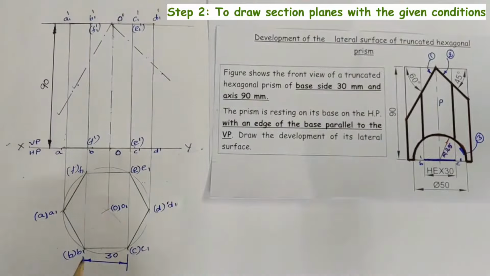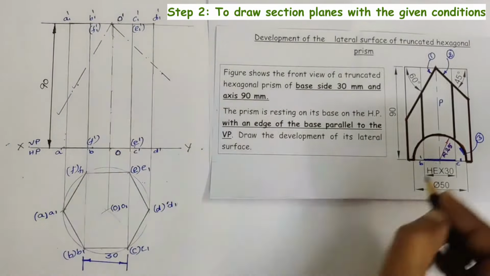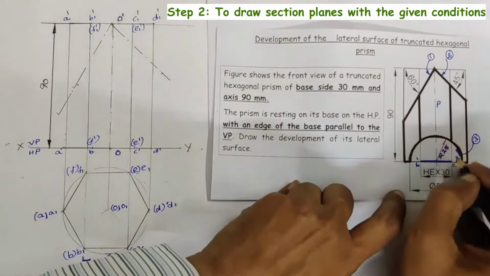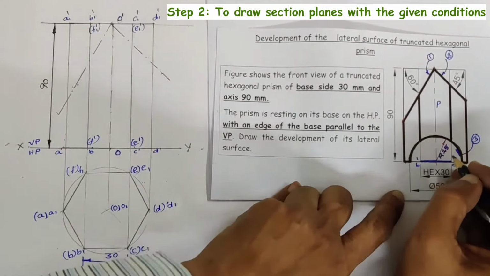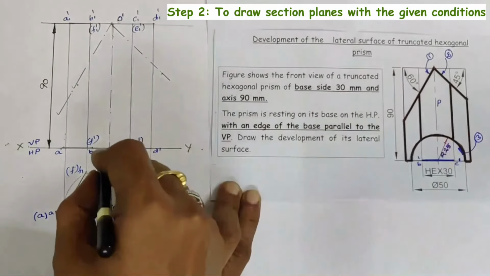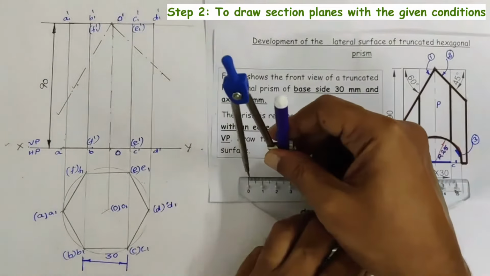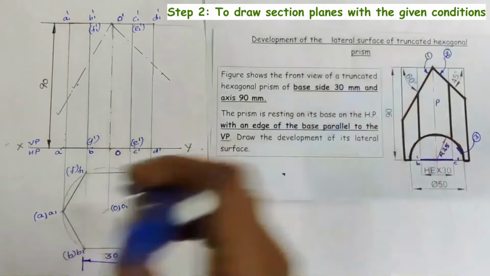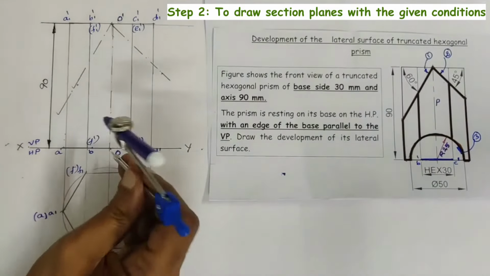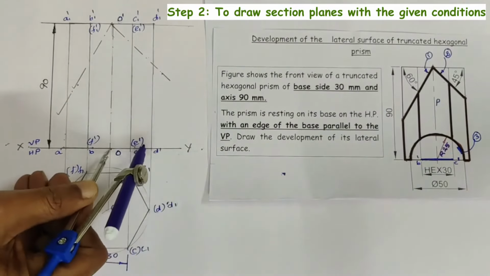Then the third section plane needs to be drawn. The radius of the third section plane is 25 mm and the center of it is O. With O dash as a center, 25 mm as a radius, draw an arc.